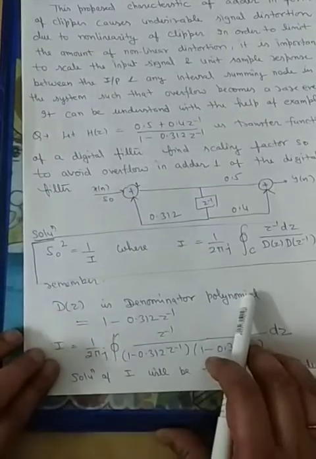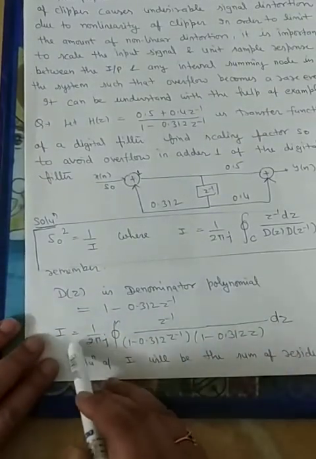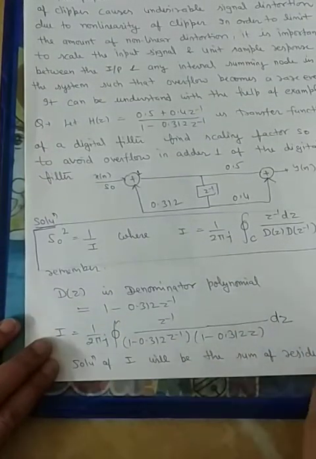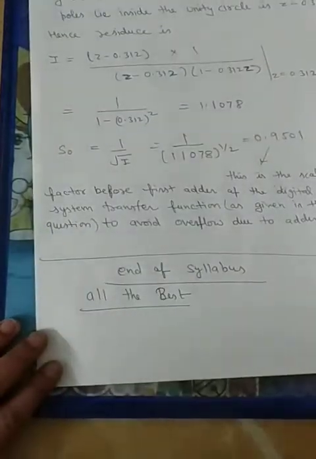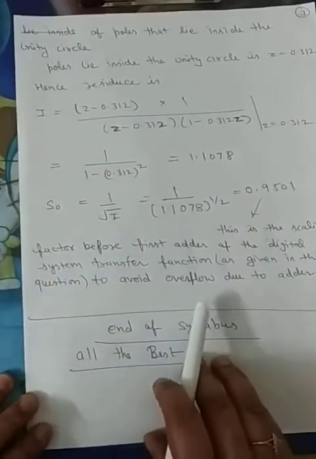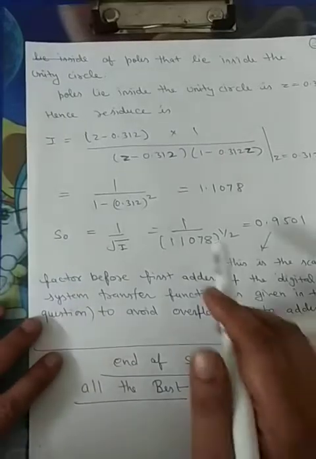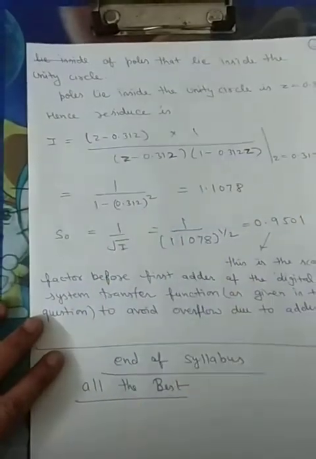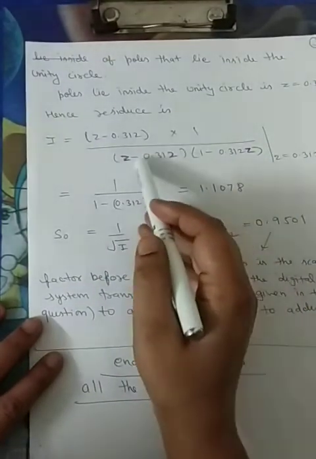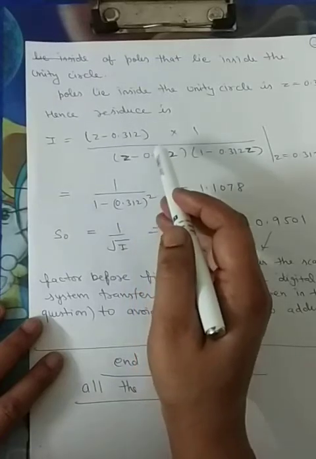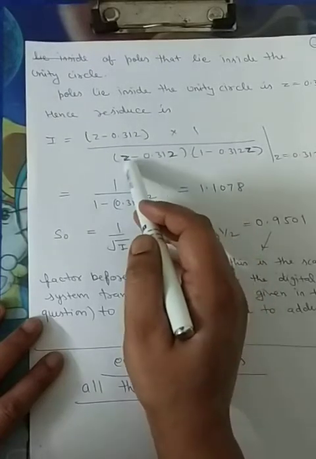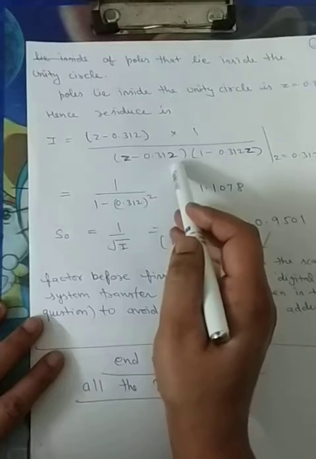By knowing this denominator polynomial, we may calculate the value of I. When we find the contour integration through the residue theorem, we consider the residues because of poles that lie inside the unit circle.